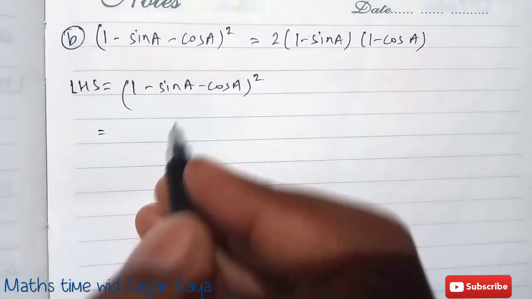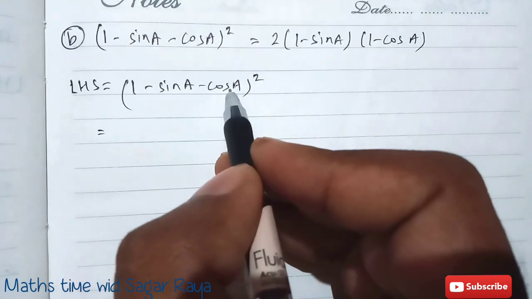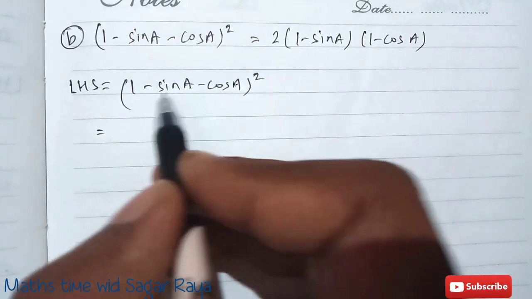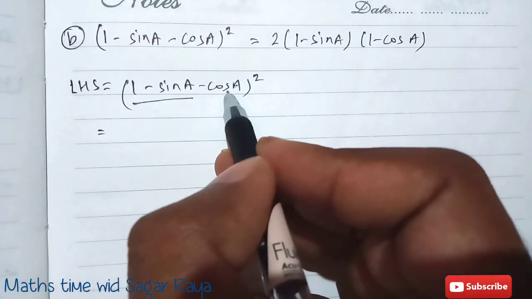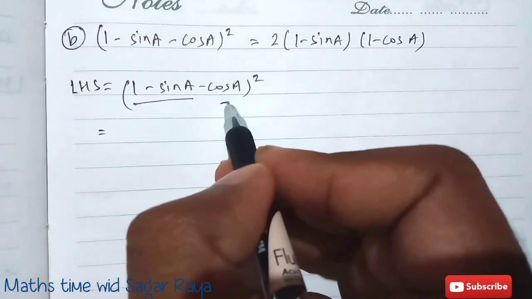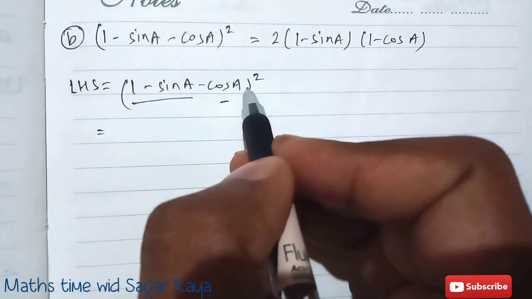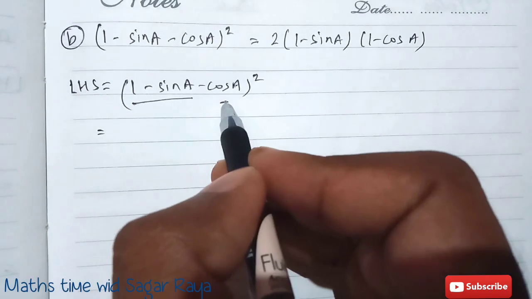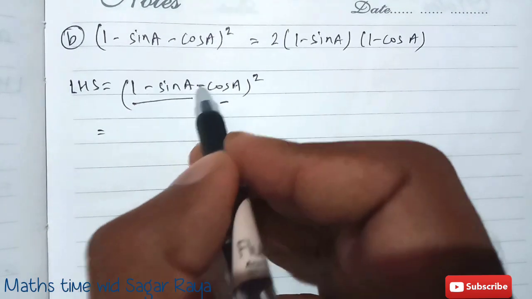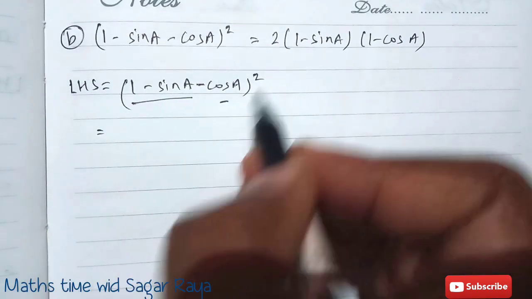So here there are 3 terms: 1, sin a and cos a. If you take 1 - sin a as a and cos a as b, it can be written in the form of (a - b) whole square. So here in the middle is minus, so (a - b) whole square.